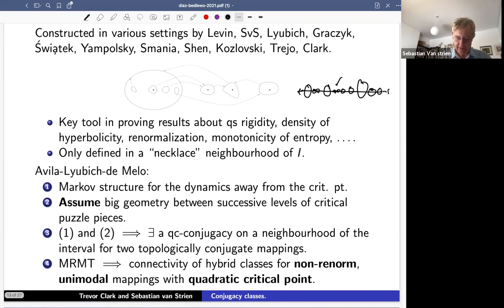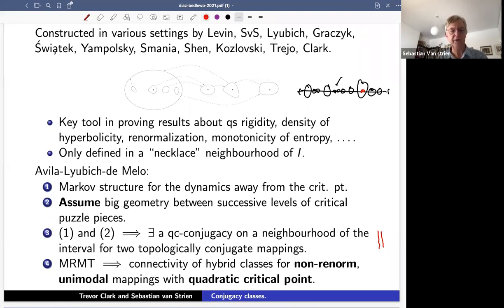Now, if you also assume that you have this big geometry between successive levels of the puzzle pieces, so this is maybe a puzzle piece, and then maybe there's a critical point inside, then you can still obtain some kind of QC neighborhood in the neighborhood of the interval, and that works well.